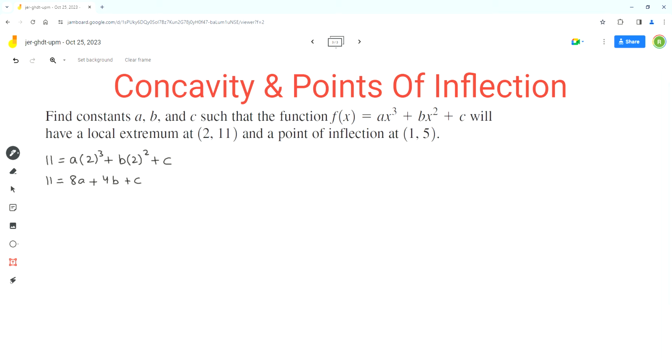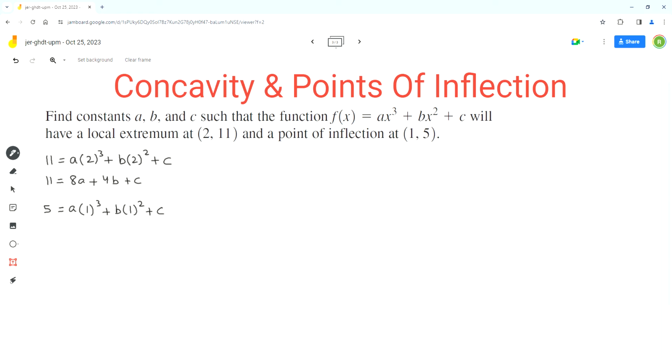Now we are also given that the point of inflection for this function is (1, 5). So that means this point (1, 5) also lies on the function. So we can sub in the function value as 5 and x as 1. So we get 5 equals a times 1 cubed plus b times 1 squared plus c.